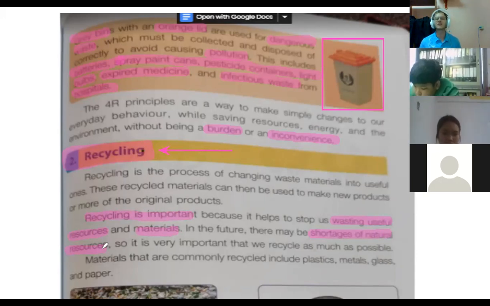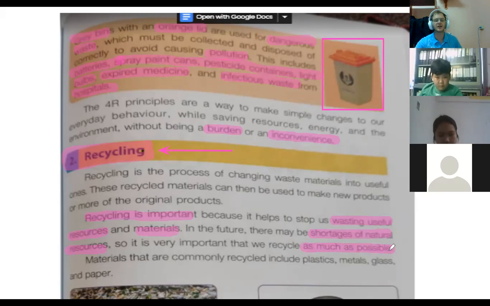So maybe only some of us can use plastic cups because there's not enough left. Some of us might have to use a coconut shell to drink because of the way we treat natural resources. So if there's a shortage, it means not enough. So it is very important that we recycle as much as possible.